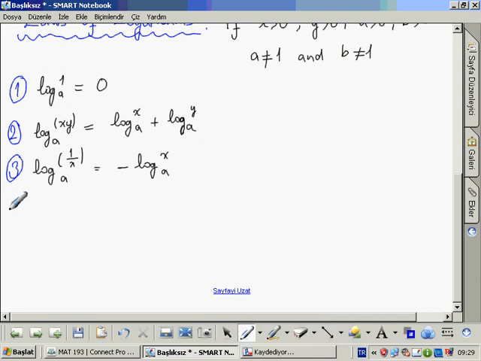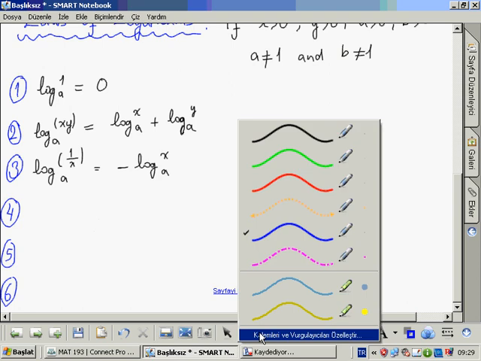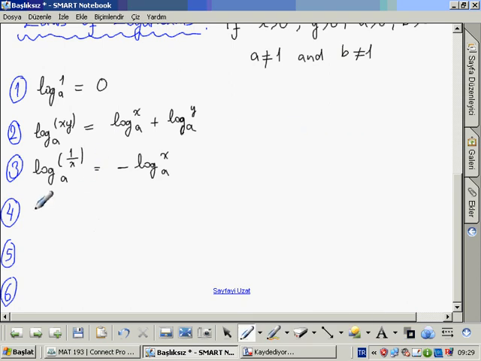And the fourth one, the logarithm of x over y to the base a equals logarithm of x to the base a minus logarithm of y to the base a.